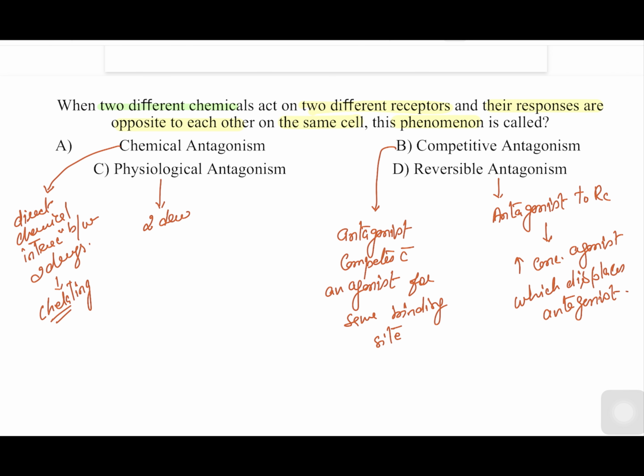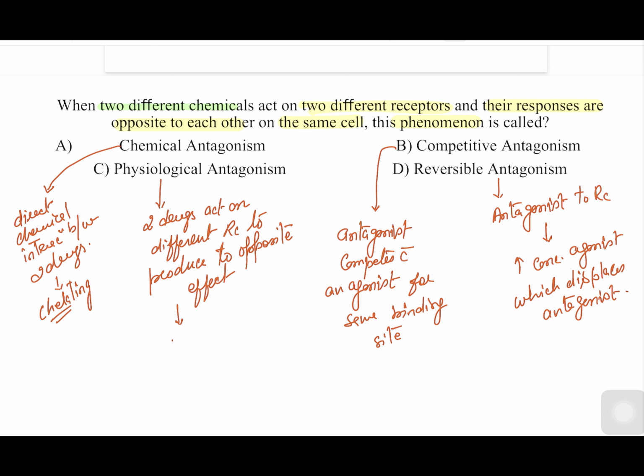Next is physiological antagonism. Physiological antagonism means we have two drugs which act on different receptors to produce opposite effects. These are called physiological antagonism, and they produce the opposite effect in the same system or same cell.